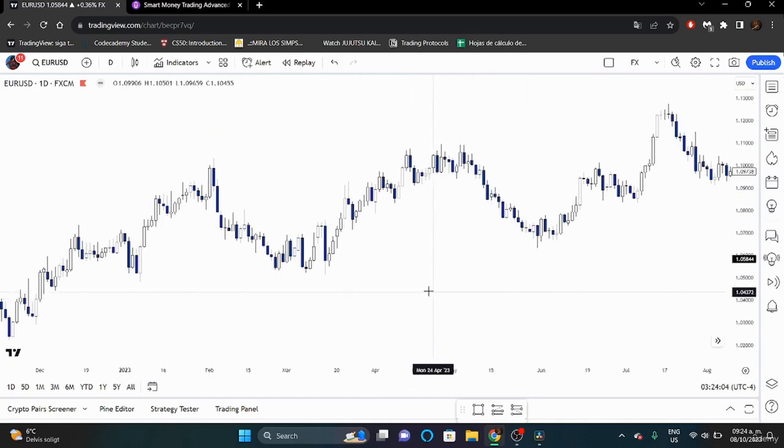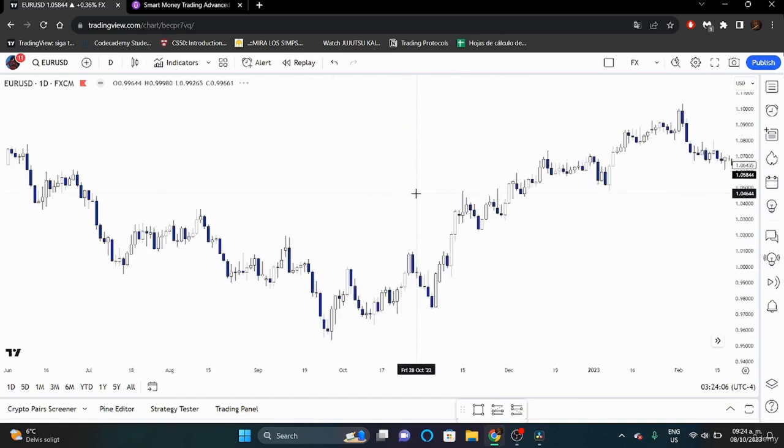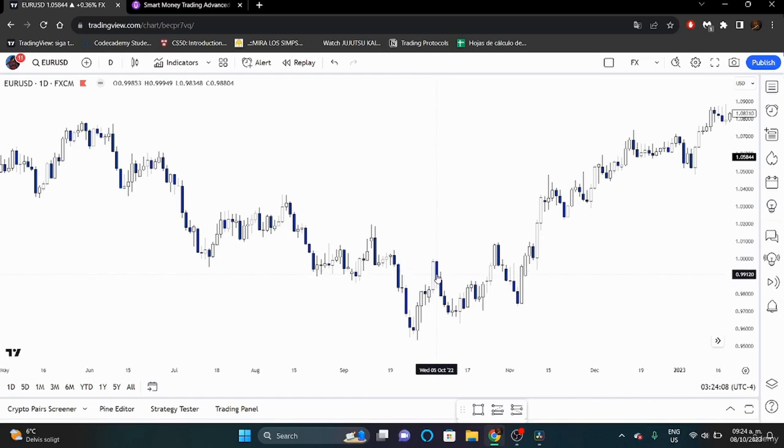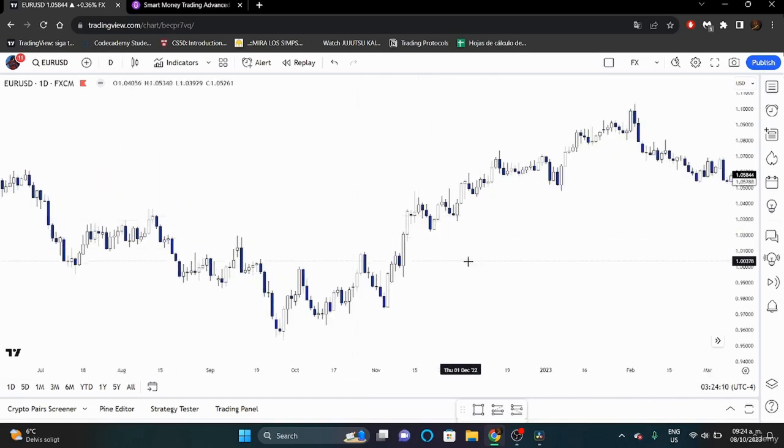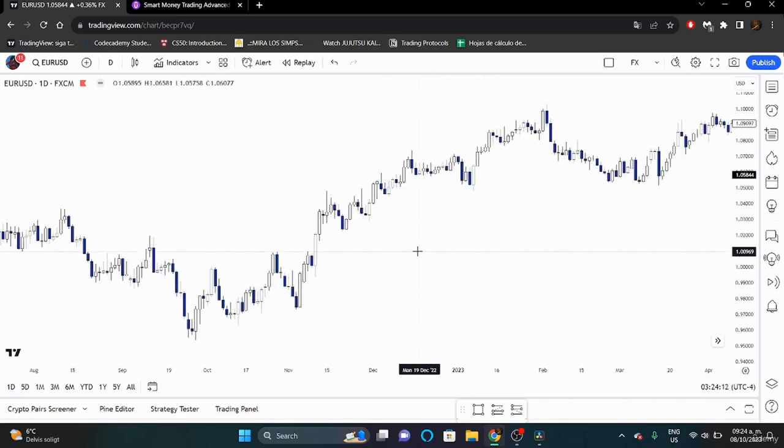Let's go and see some immediate rebalances right here. Okay, immediate rebalance. This is our imbalance, and we don't want to see price go lower. We just want to see it use this to go up.